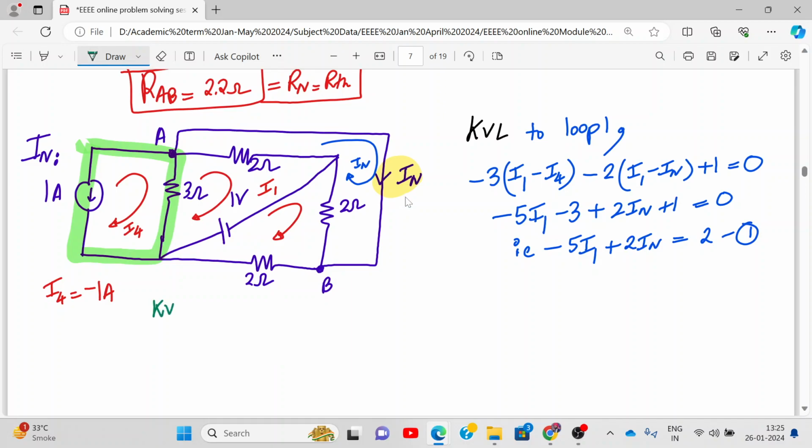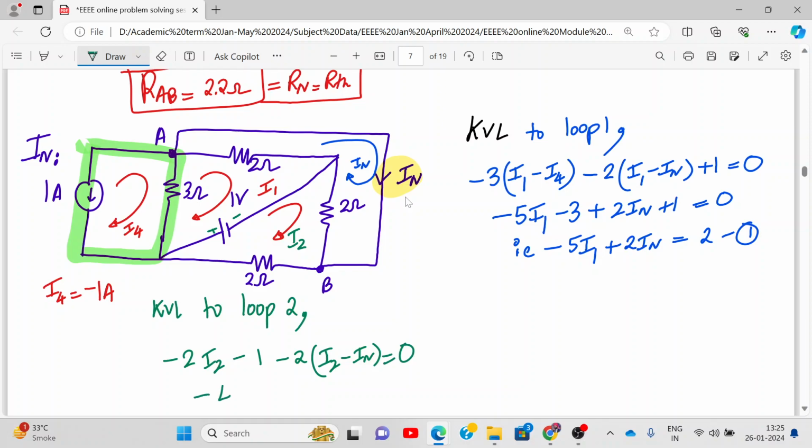Now we apply KVL to loop number 2. So we have minus 2 I2, minus 2 I2. Then we are going from plus to minus, so minus 1. Then minus 2 I2 minus IN is equal to 0. It will be minus 4 I2 plus 2 IN is equal to 1. This is second.